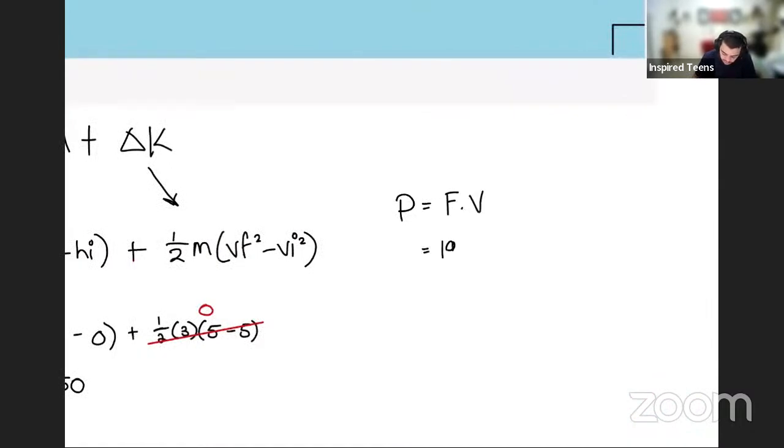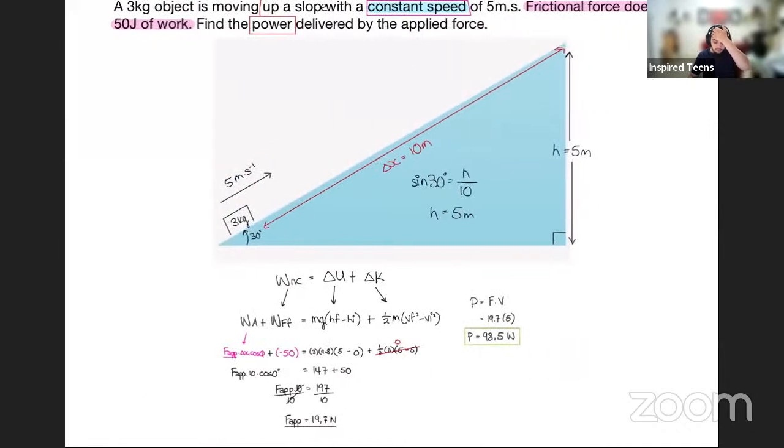This is equal to 19.7 times 5. So the power delivered, remember power is in joules, 98.5, sorry, power is in watts, work is in joules. So the power delivered by the applied force is 98.5 watts.